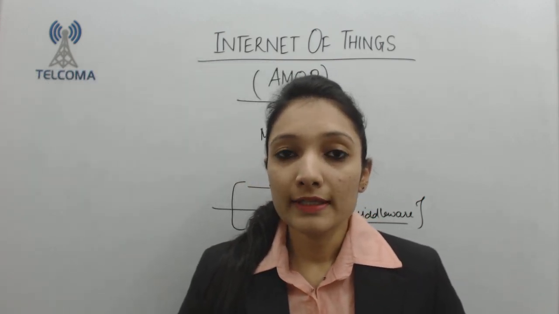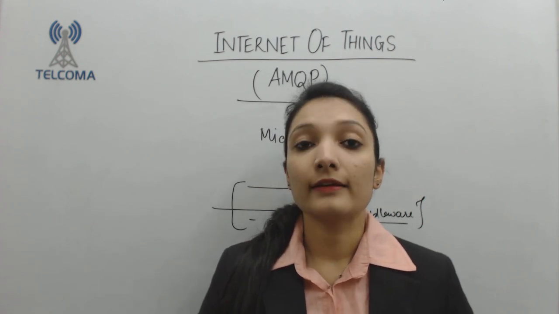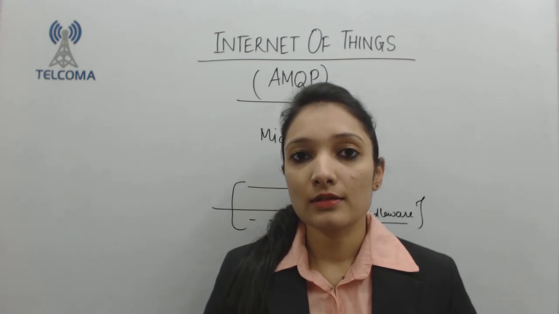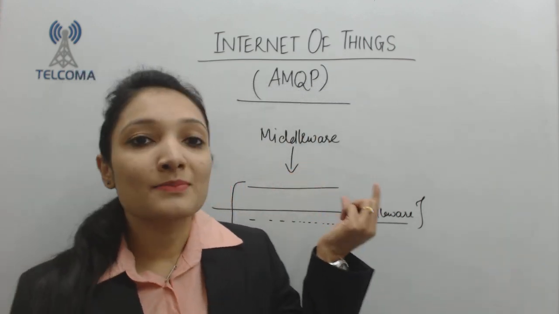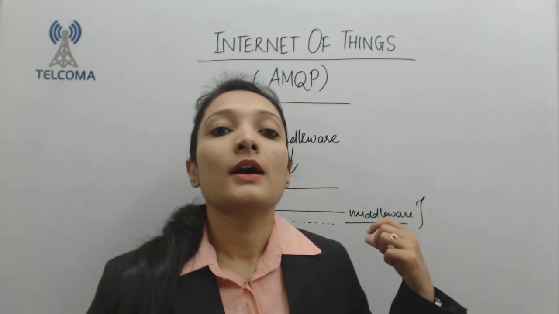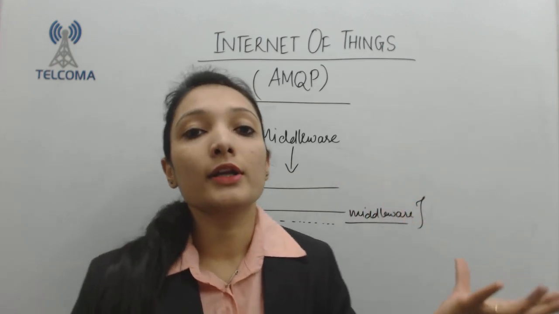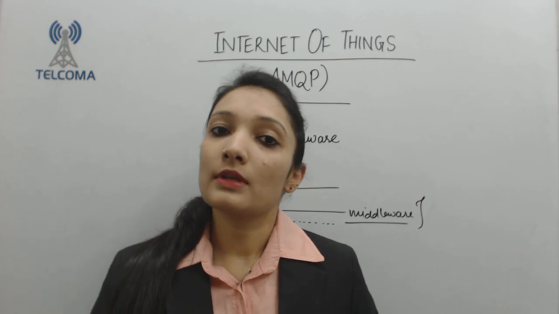So AMQP is focused on providing interoperability. That is the main feature of AMQP. It will accept the messages from the clients, then forward them to a certain queue and then to the consumer who requires those messages.